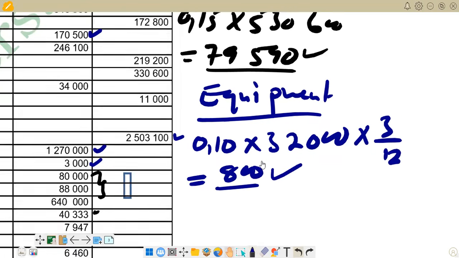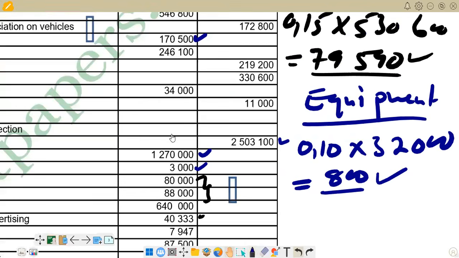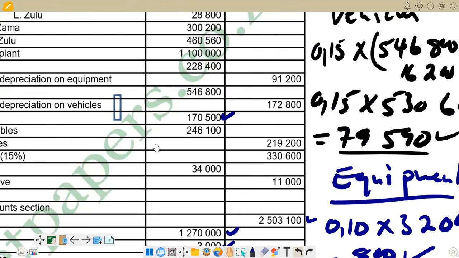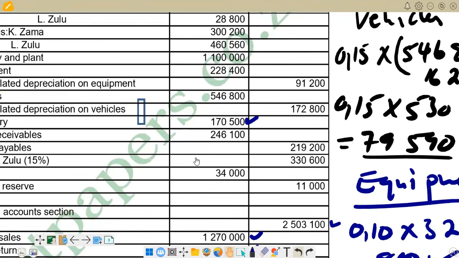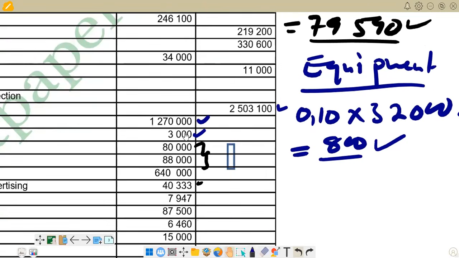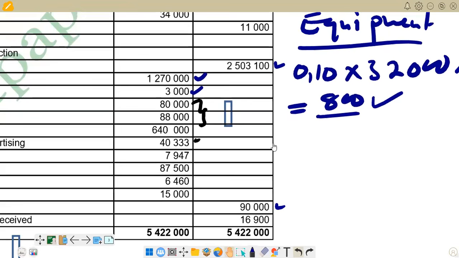So for the one that stayed for the whole year, you now want to see the costs and the accumulated depreciation. Remember, this is the reducing balance method, diminishing. If you come there, you'd see the description that you are given for the method of calculation of depreciation for equipment.